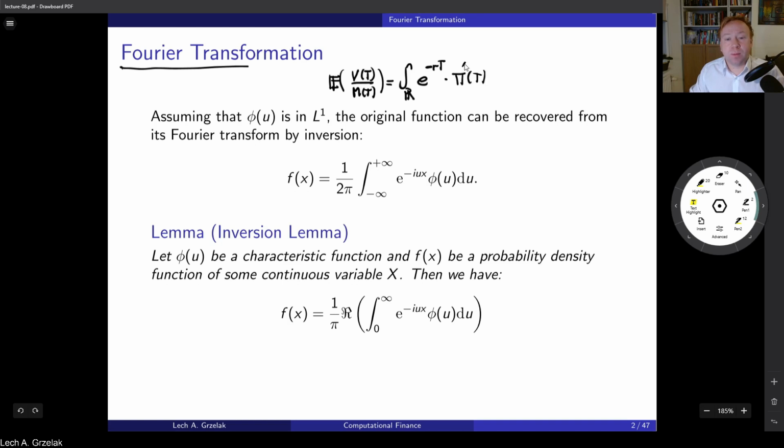For simplicity, let's consider the payoff to be the maximum of x minus K, 0, times the density of x, dx.